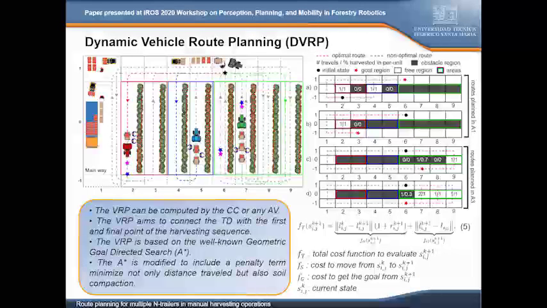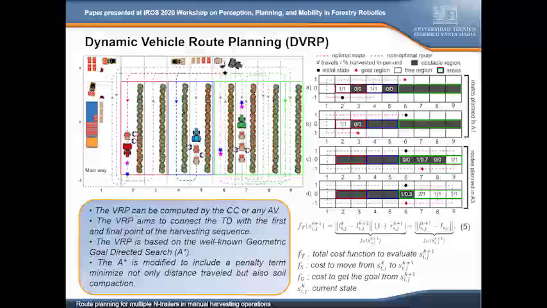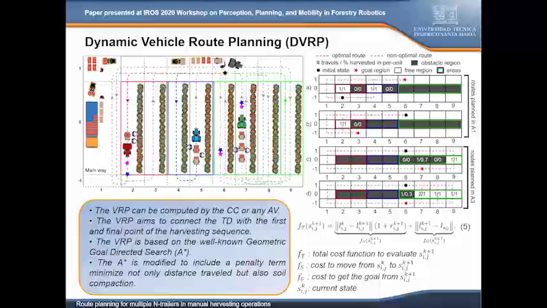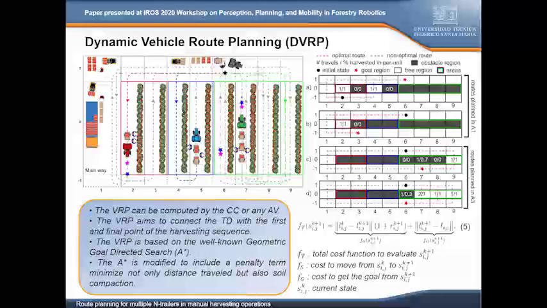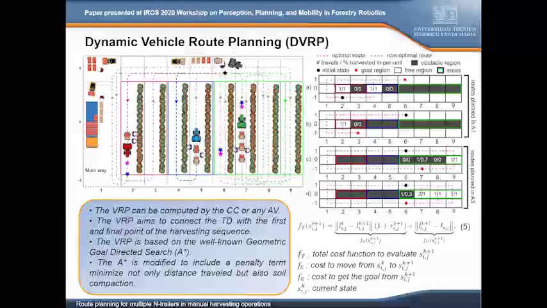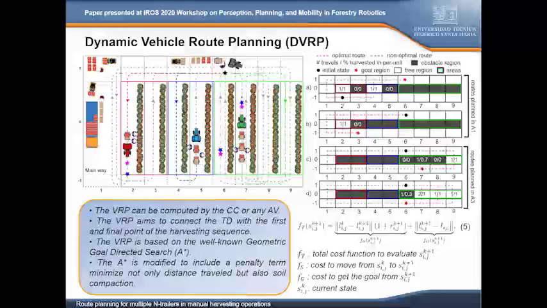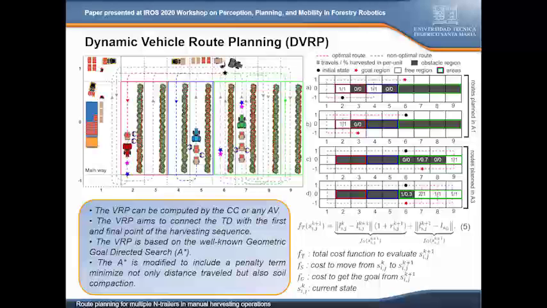The route planning using global information generates the initial route that the backup vehicle at the temporary deposit follows to reach the starting point of the harvesting sequence planned for that run. Examples of this route planning are shown in grid maps B, C, and D. On the other hand, the grid map in A shows an example of route planning based on local information, where the starting point is the last point of the planned harvesting sequence and the goal is the temporary deposit.